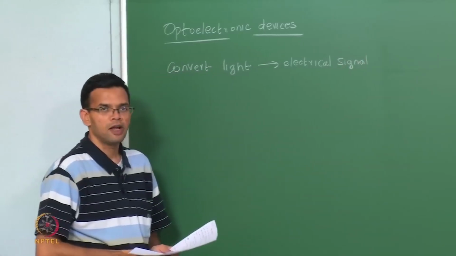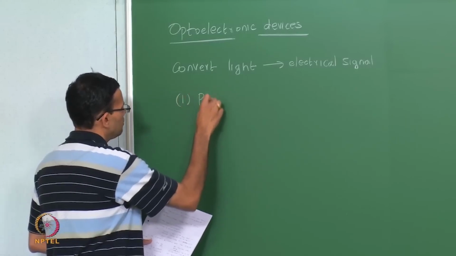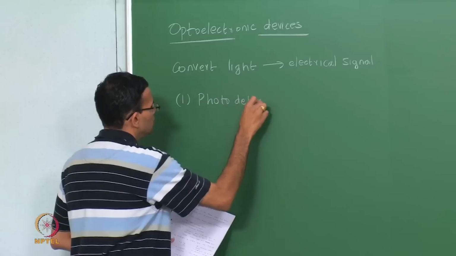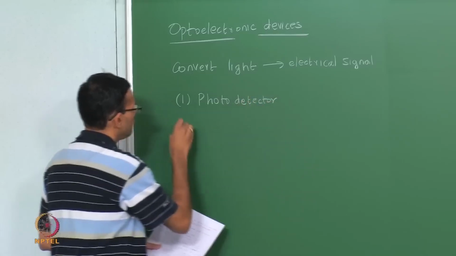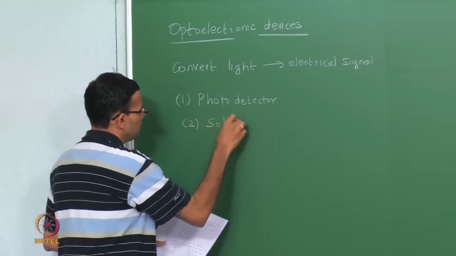We are going to look at two such devices. The first one is a photodetector. And then later we are going to look at a solar cell.